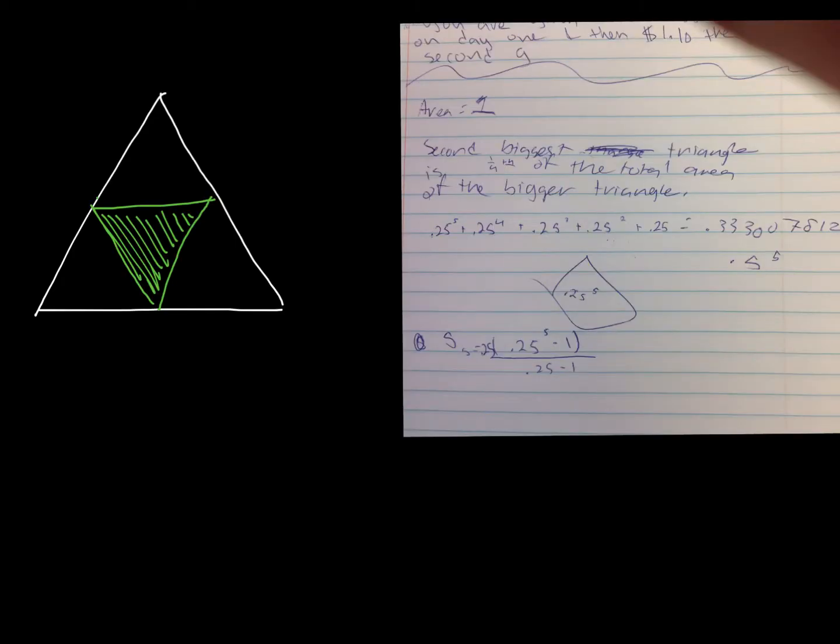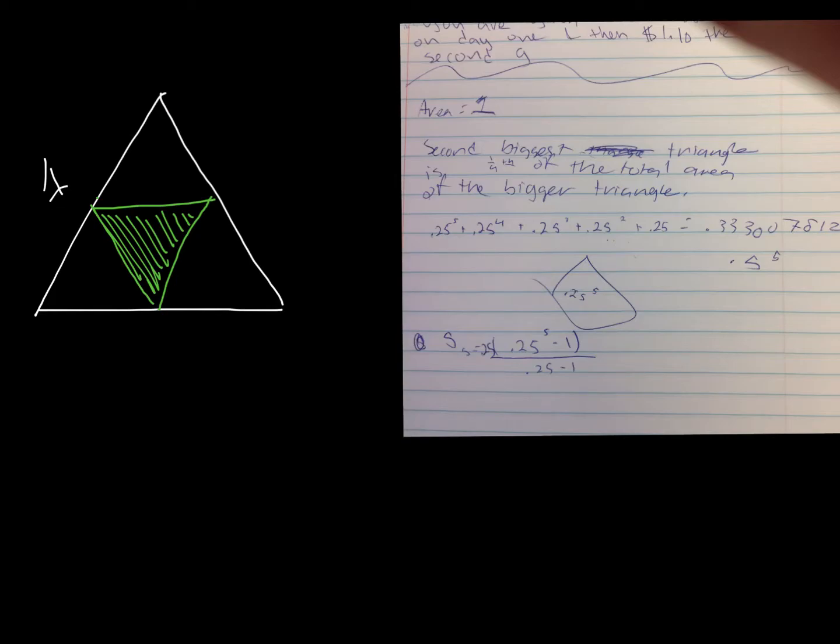The first thing I think all of us got to this point was realizing that if the area of the whole triangle is 1, then the area of the biggest shaded triangle is 1/4, because it's split into 4 equal triangles, and so this one has an area of 1/4.